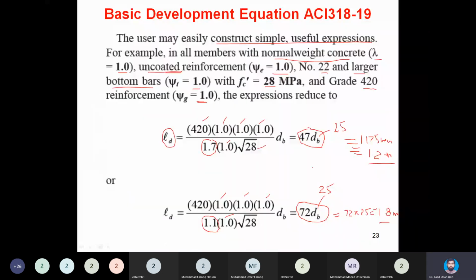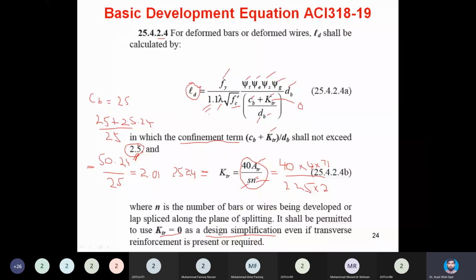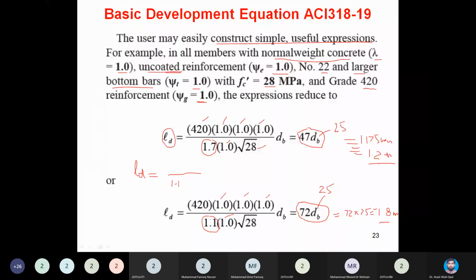Now if I use this 2.4 equation, all terms are almost the same except there is 1.1 now in the denominator, and 1.1 is also present here in other cases, and I also have 2.01 as the confinement term calculated, and the rest of the numerator is almost the same: Fy, Psi t, Psi e, Psi s, Psi g.